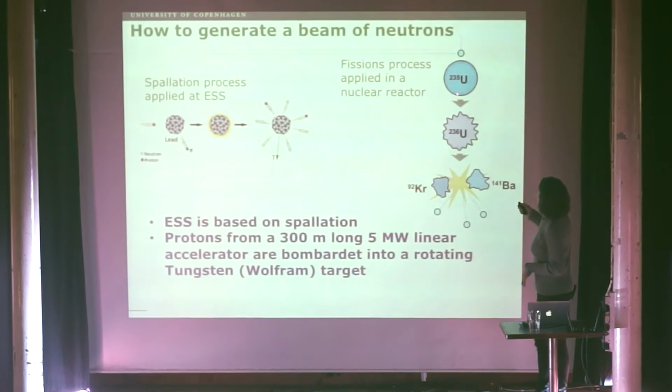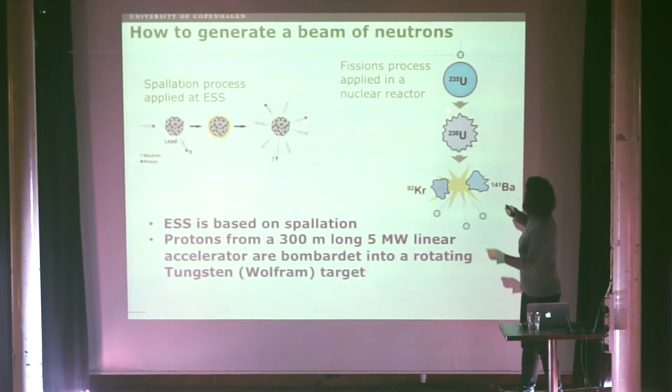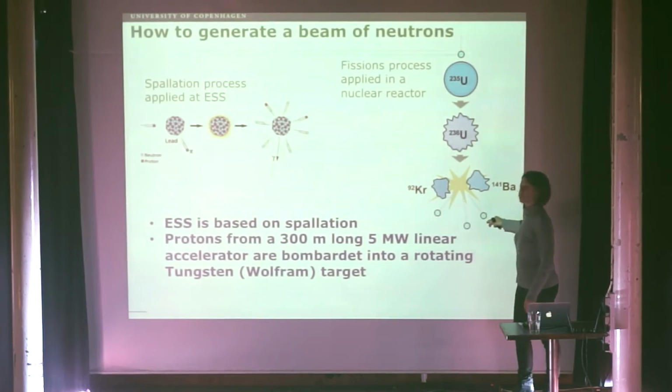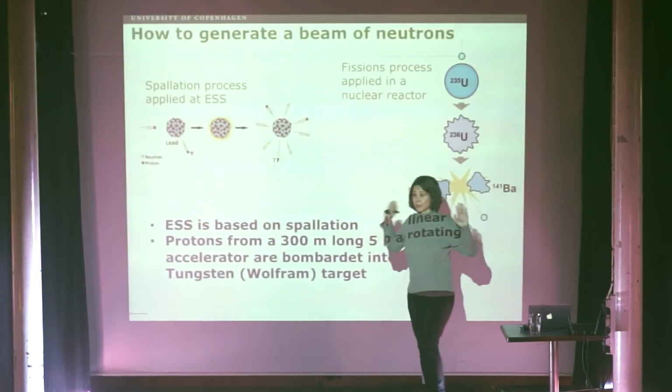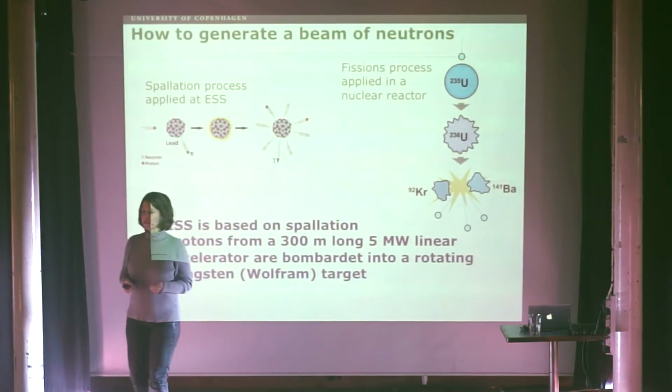So you have uranium-235, and if you already have one neutron, you can excite it to uranium-236, which is unstable. Then it falls apart and generates 3 new neutrons, which can then enter again, and then you can produce more and more. If you don't control this, then you have a nuclear bomb. If you control it, then you have a nice energy-producing nuclear power plant.